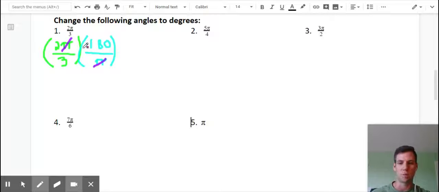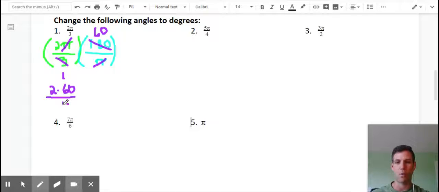We could also simplify more, like I could divide this 3 by 3 and divide the 180 by 3, and that would give me 60. So then all I have to do to get my answer is 2 times 60 in the top, and I would just have a 1 left over in the bottom, meaning that my answer is 120 degrees, is equal to 2 pi over 3.